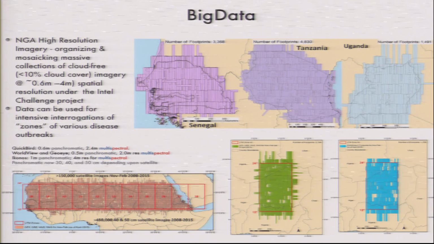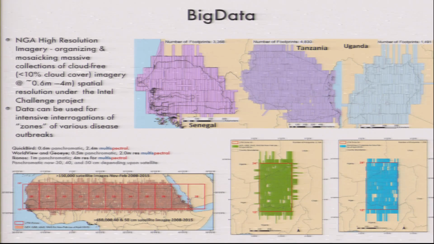Now, in terms of big data, you may say what I presented was big data, but for us, real big data is this data that is now coming online from NGA. This is data that is between 0.6 and 4 meters, and we are compiling this data set for the entire world.